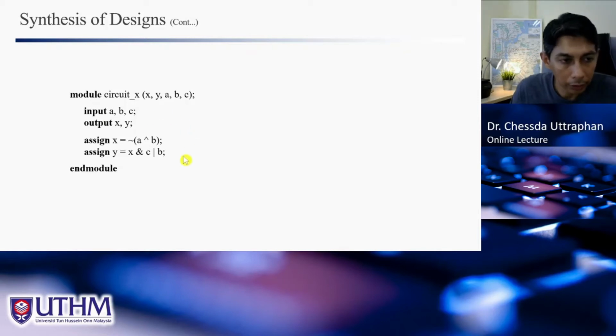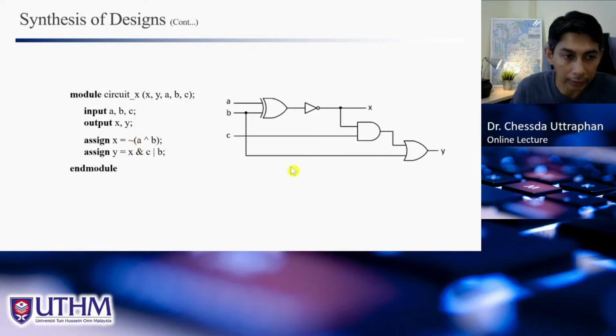So the first one is using the data flow modeling. We have assign x equal to this. So this is a very simple Boolean equation, and we know exactly this is the circuit that we will get if we write this way, right? So we have x not is actually not A XOR B, right?